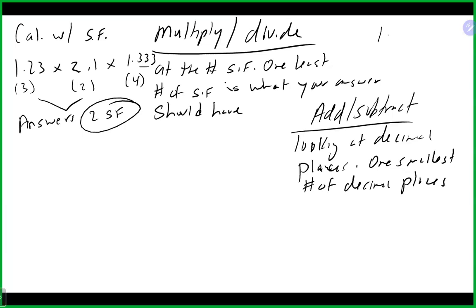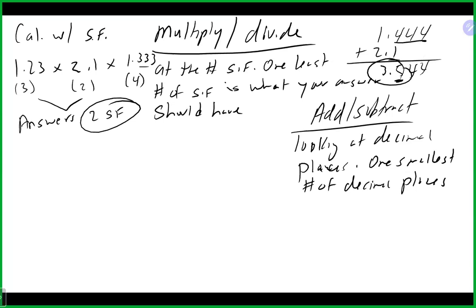So if you added 1.444 plus 2.1, you get 3.544. Here, 3 decimal places, 1 decimal place. We should come here to 1 decimal place, which would take us to 3.5.